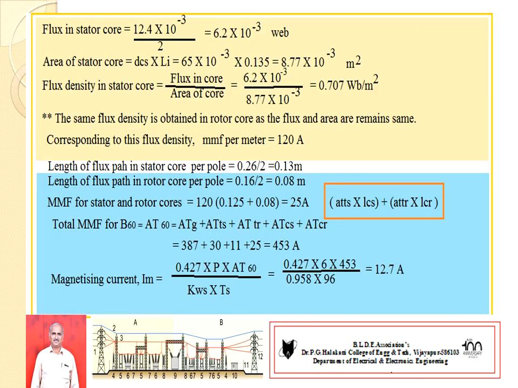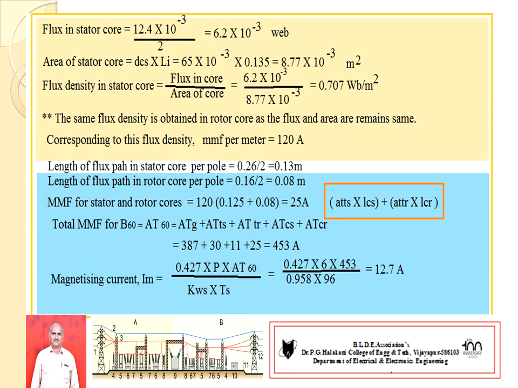So flux in the stator core, that is flux per pole, should be taken as 50% of flux available in the stator core. What is the Φm flux per pole available? 50% of that flux is available in the stator core. That is Φm/2, and you are going to get 6.2 into 10 to the power of -3 Webers.